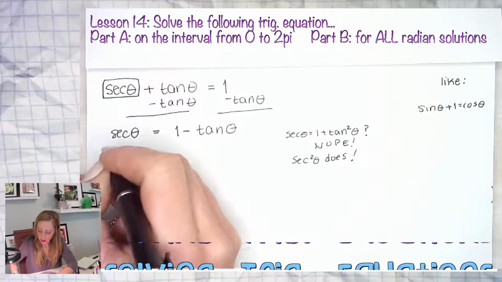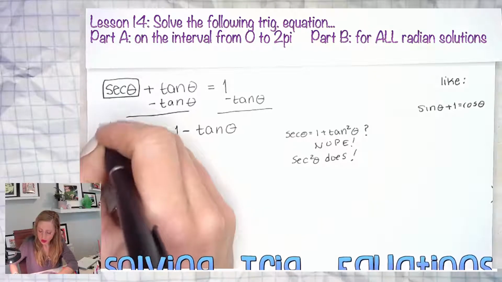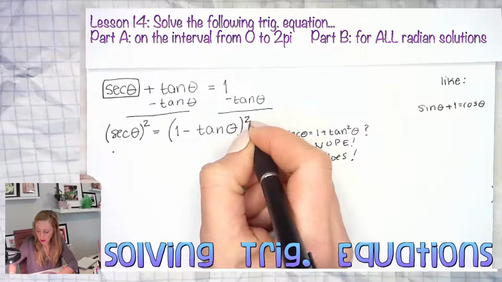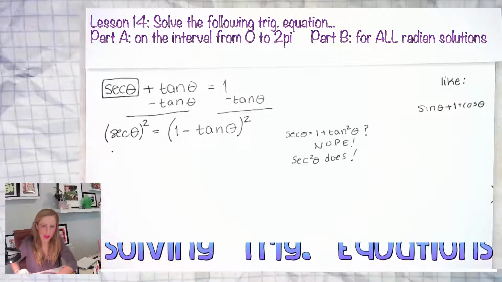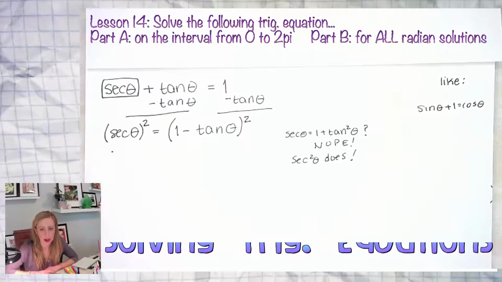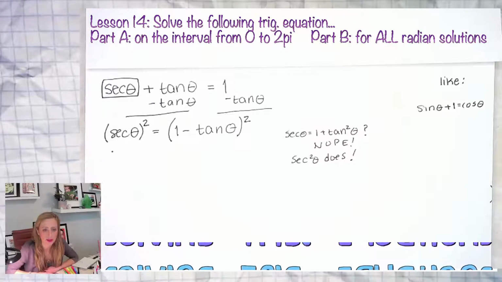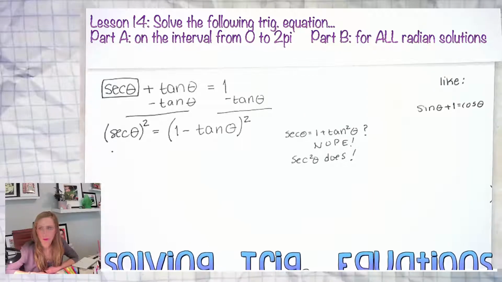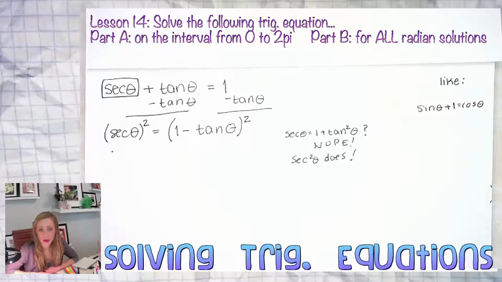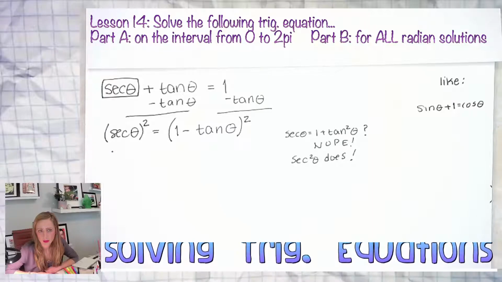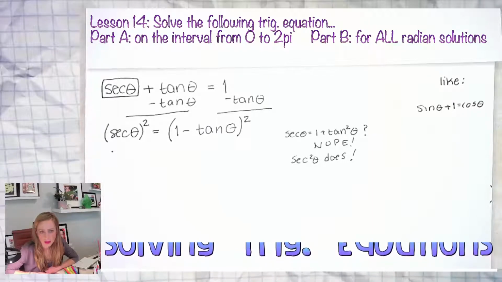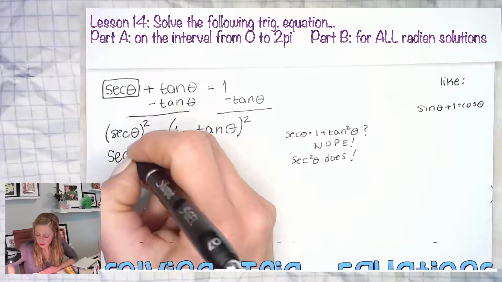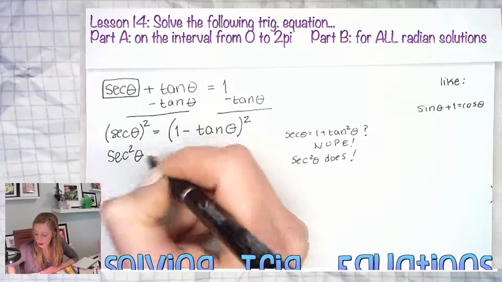Now, next step. We are going to now square the left, and we're going to square the right. What do I write down for the next step if I square the left side and the right side? Anybody? You get secant squared theta.